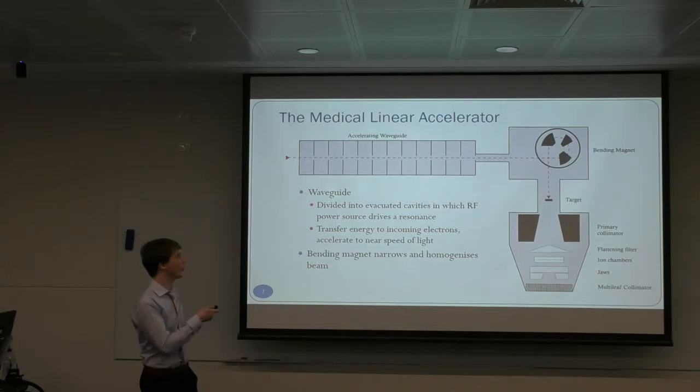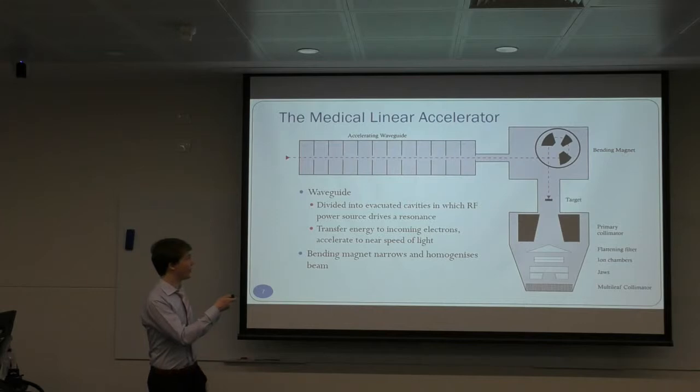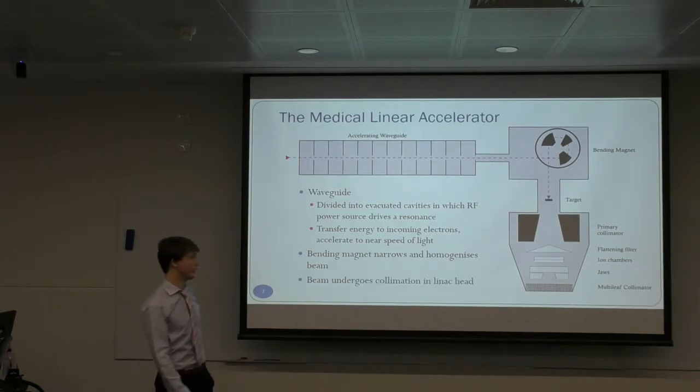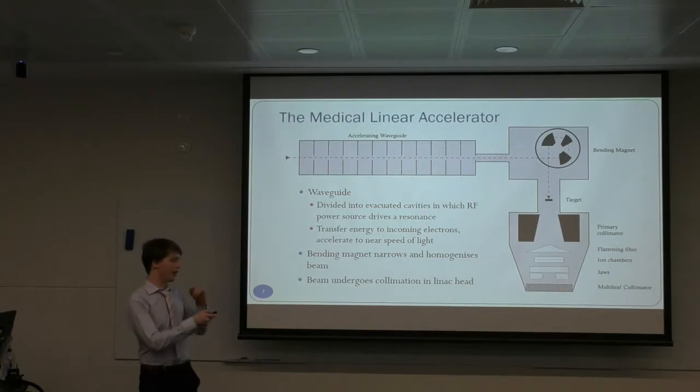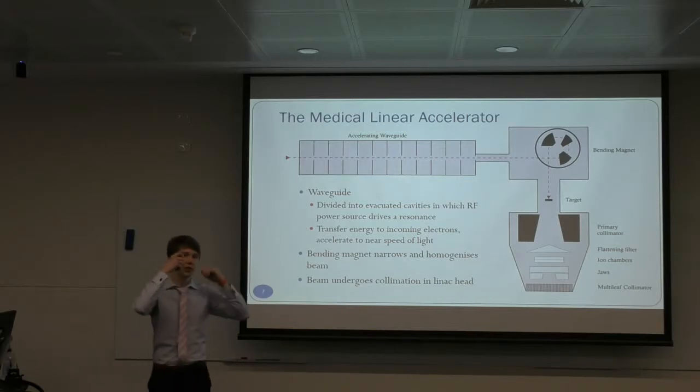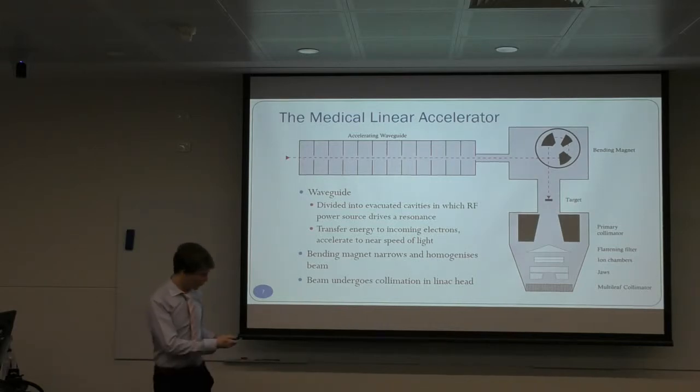This is a Varian model, which narrows and homogenizes the beam, and bends it towards this target here, made of tungsten. When the high energy electrons strike the target, you generate photons with Bremsstrahlung radiation, which then undergo collimation, shaping, and monitoring in the gantry head.